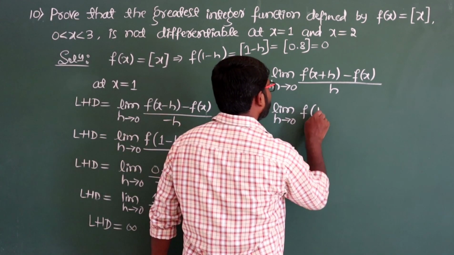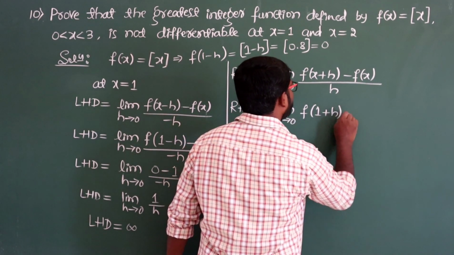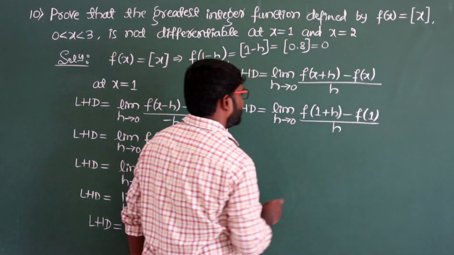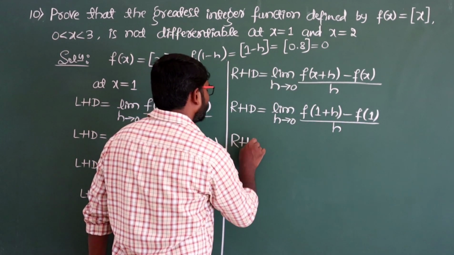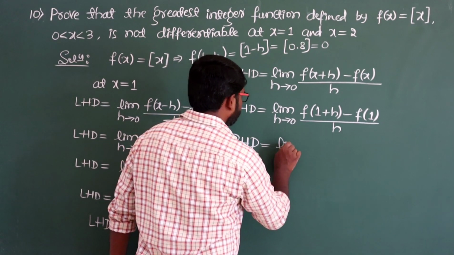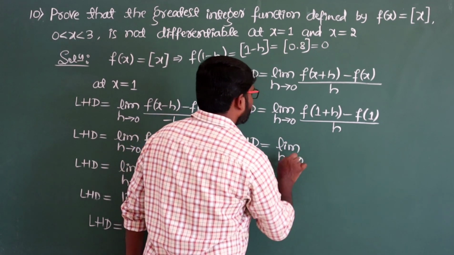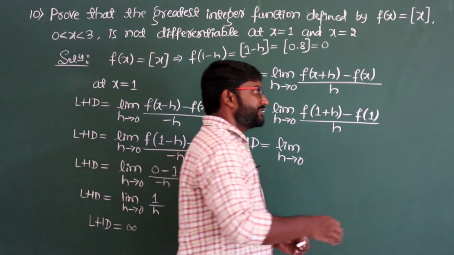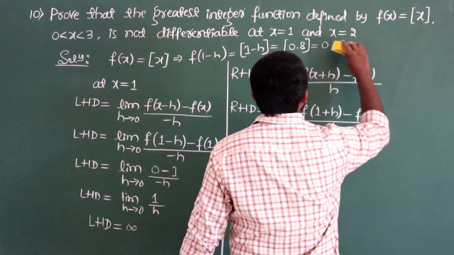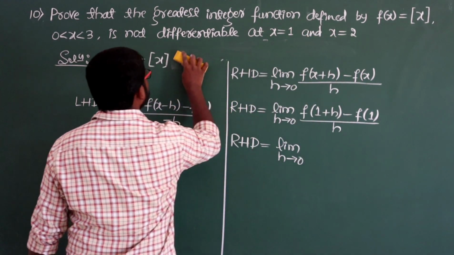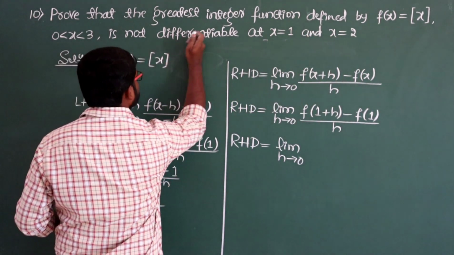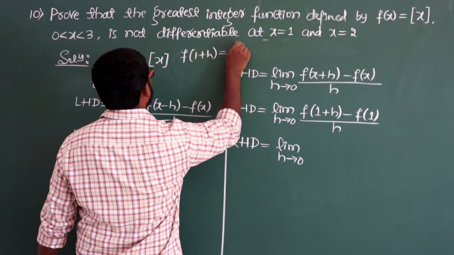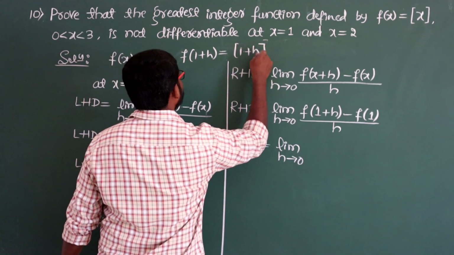That gives f of 1 plus h minus f of 1 divided by h. Now we need the values of f of 1 plus h and f of 1. So let us find f of 1 plus h. Replace x by 1 plus h, the greatest integer of 1 plus h.